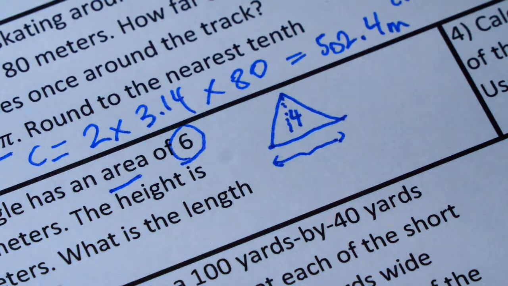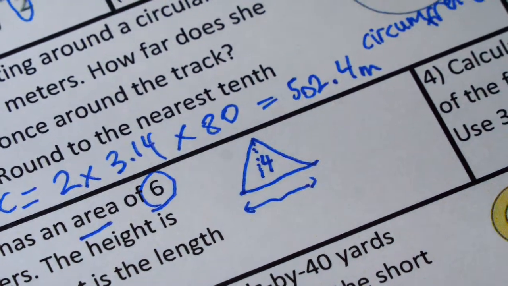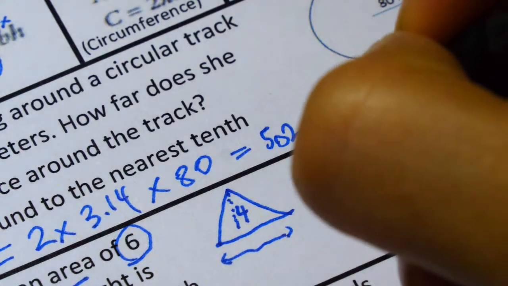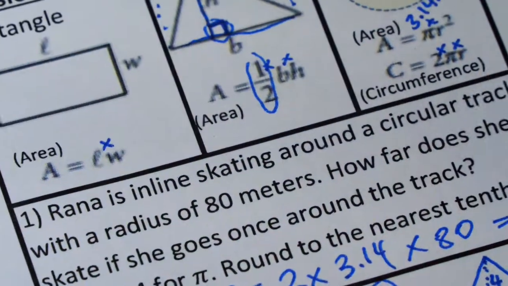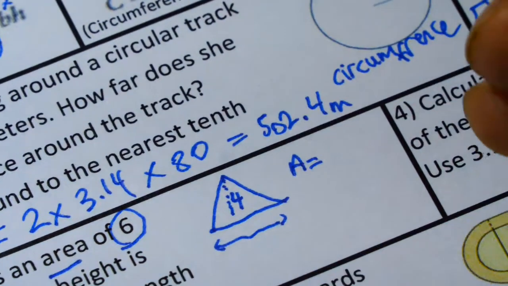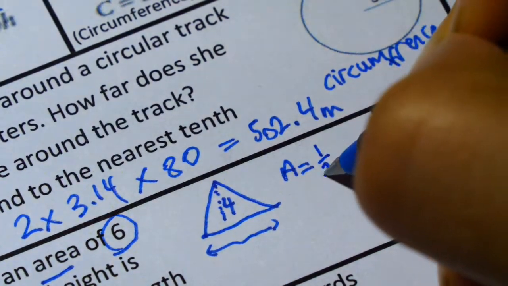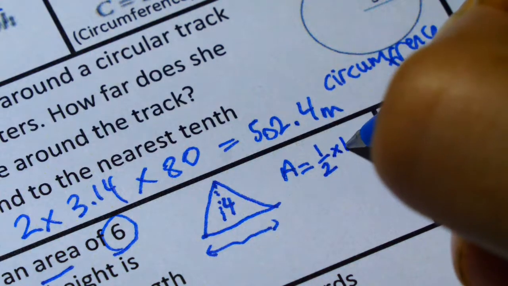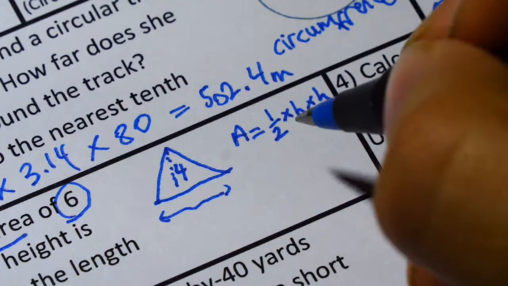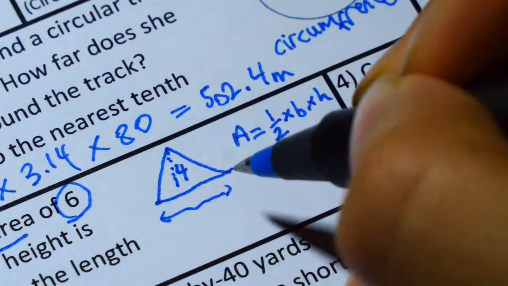Okay. So let's look at the formula for the area of a triangle. The area of a triangle, A equals half times B times H. Half times B times H. Now let's put in the numbers that we know.